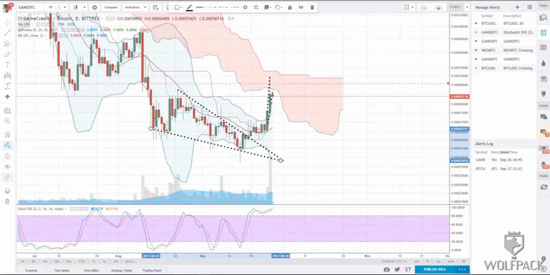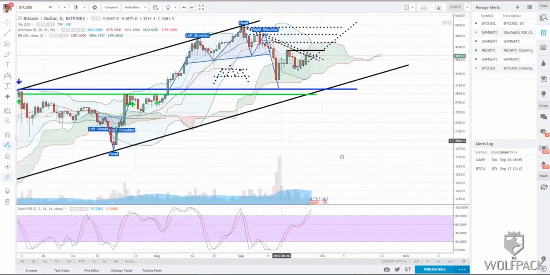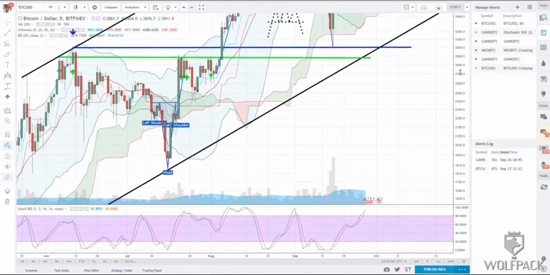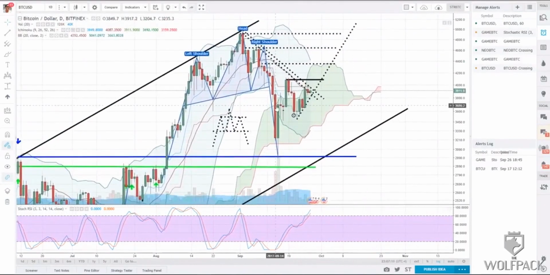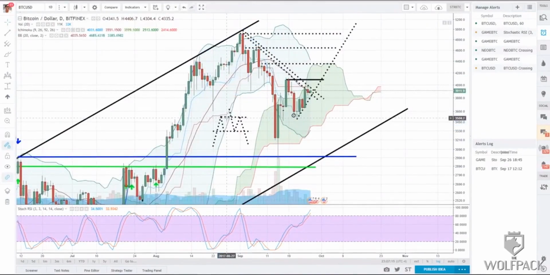In terms of a rising wedge, let's go back to Bitcoin, BTCUSD. Recently we had a really big rising wedge up here. Let me show you. Let me just clear all of this stuff out.